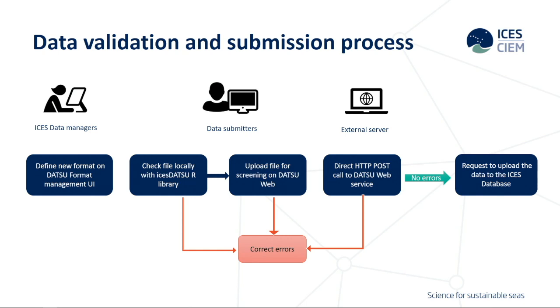Beyond this, there is the option to either manually upload a file for screening on the DATSU website, or for machine-to-machine interaction, they can make a direct HTTP post call to the DATSU web service. If there are no errors as a result of the screening report, the data can then be uploaded to its specific ICES database.